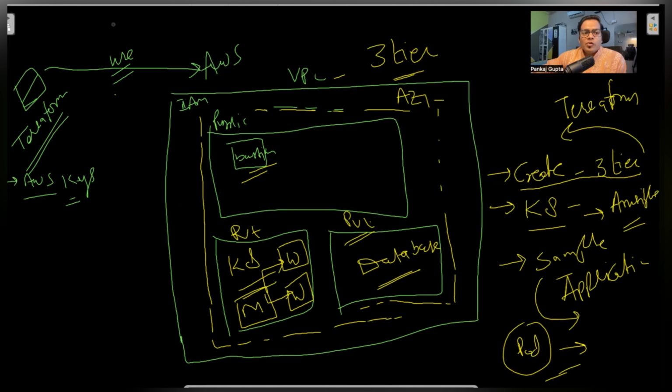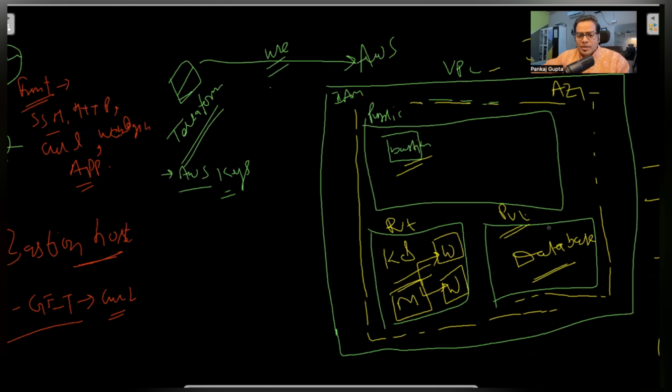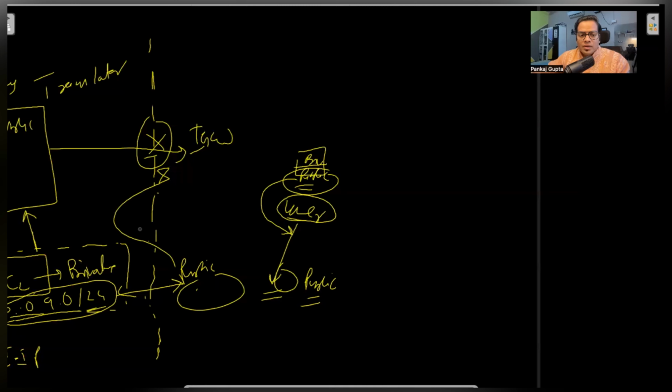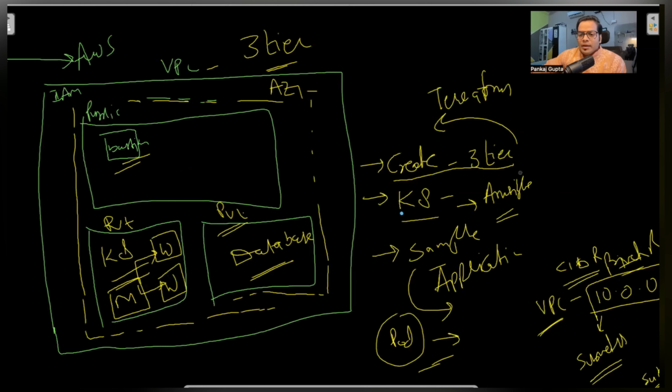We can create Kubernetes via Kubespray, which is actually the standard companies follow to create it. We can create from EKS. We can create from KubeADM. There are many methods to create it.